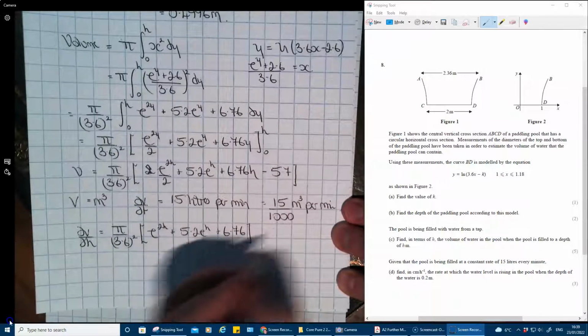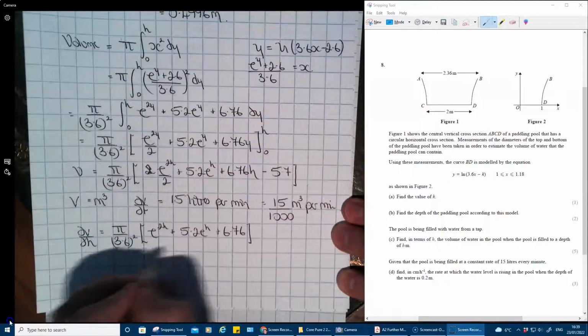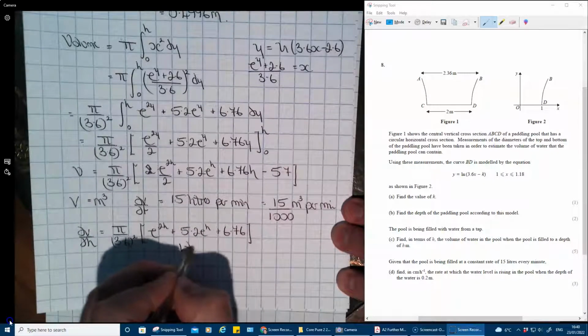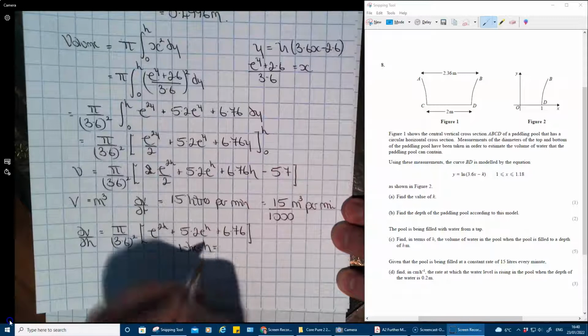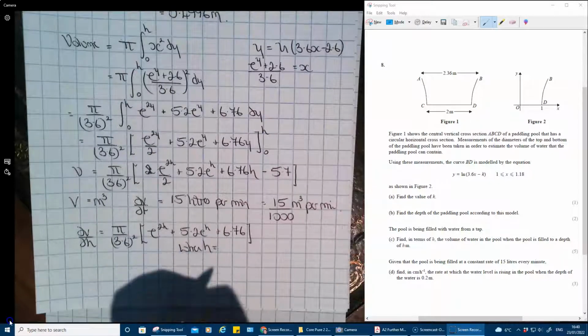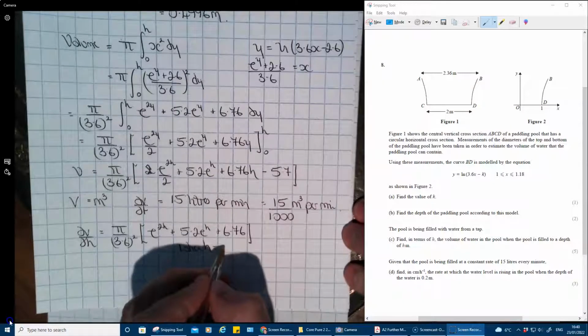We get the units correct again, and h is 0.2 meters.